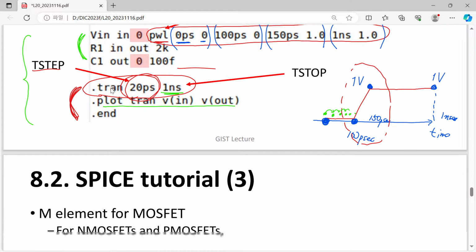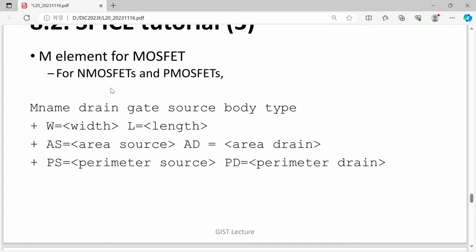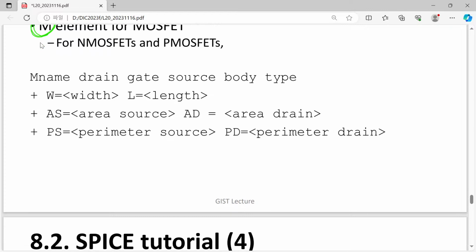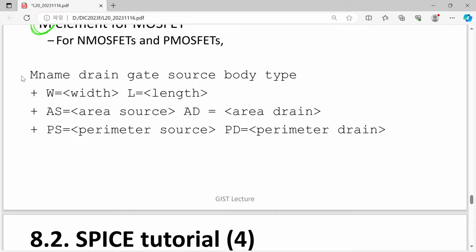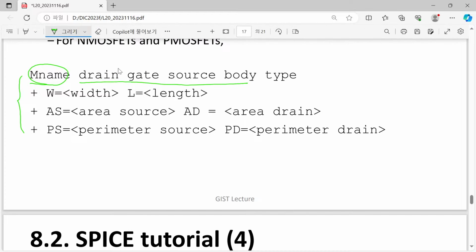Okay. Then now let's go to the MOSFET. As I told you before, MOSFET starts from M. And here is a simple example of the grammar for our MOSFET, M. You have the name, and here you have four different terminals, and they start from drain, gate, source, body.